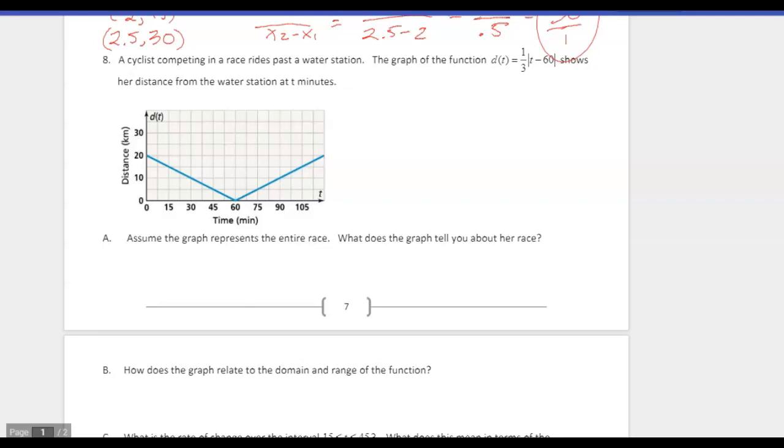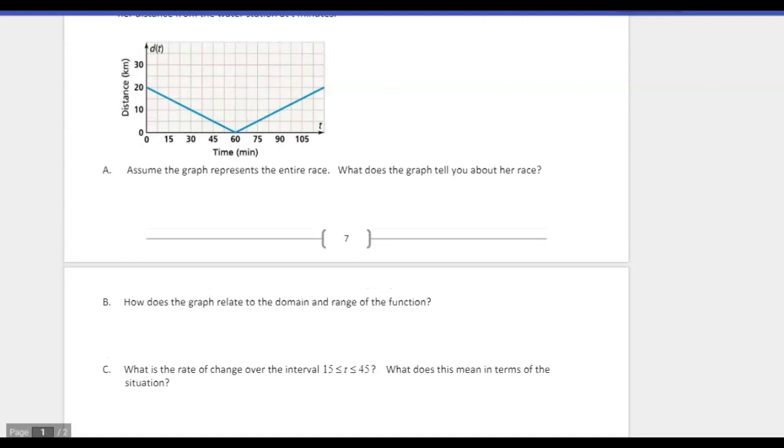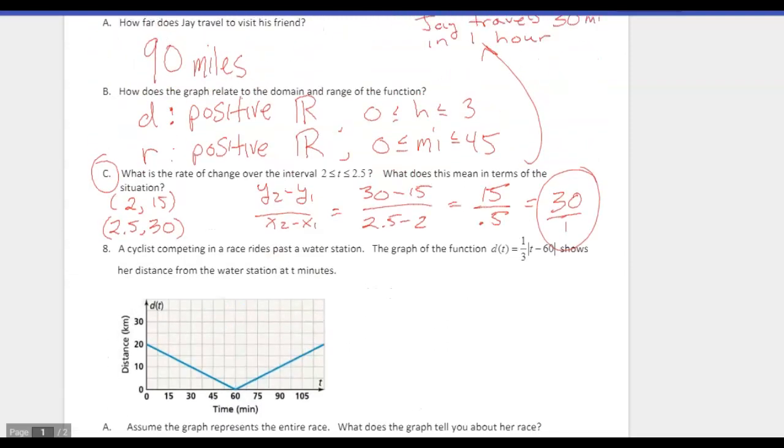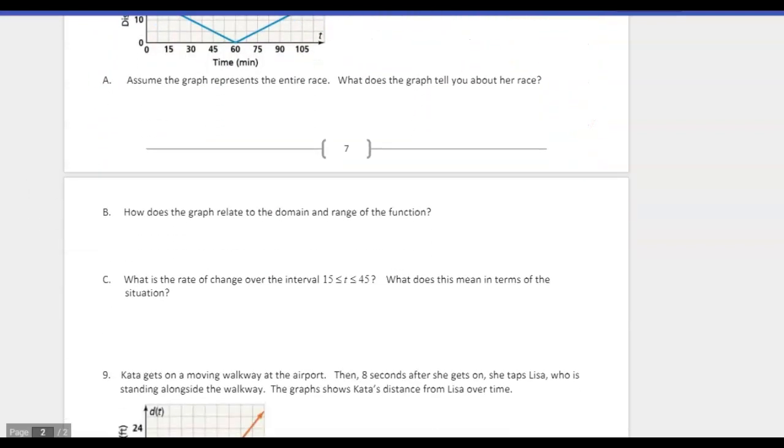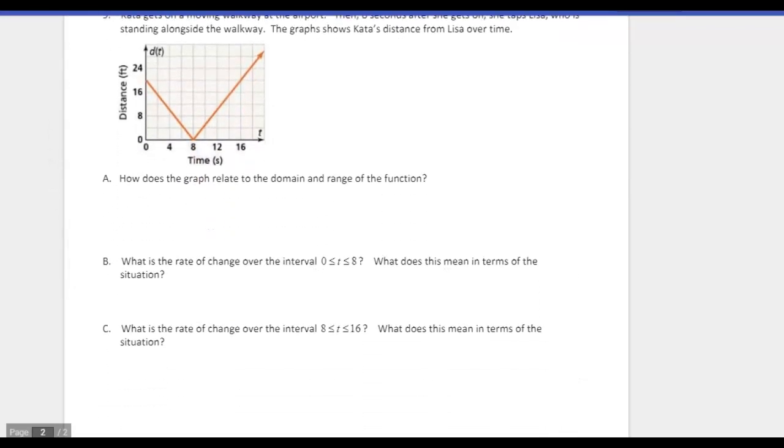How far they went, where the water station was, stuff like that. You could do a domain and range. I think it's okay to be specific, like what we did here. And then again, rate of change. And then you're doing the same thing here. What does it mean in both situations?